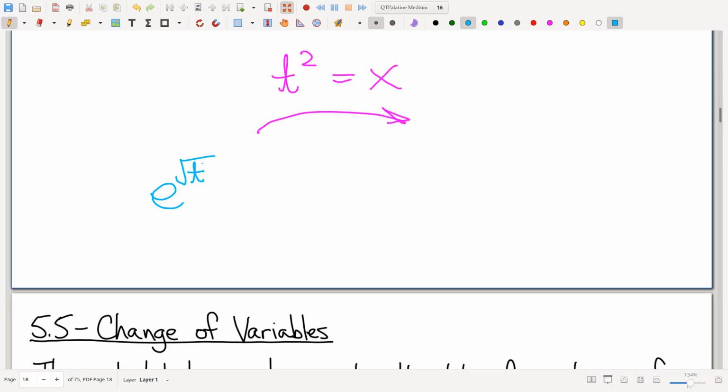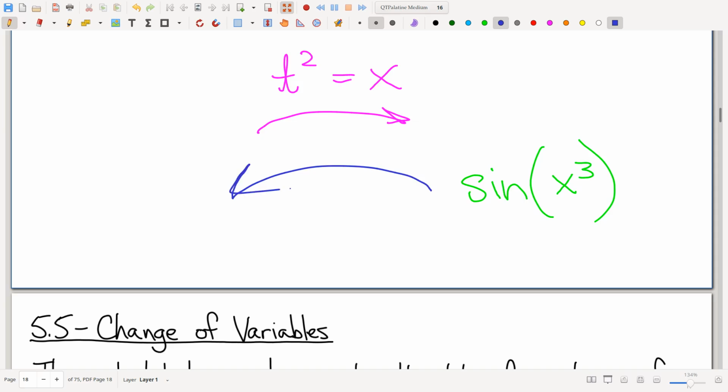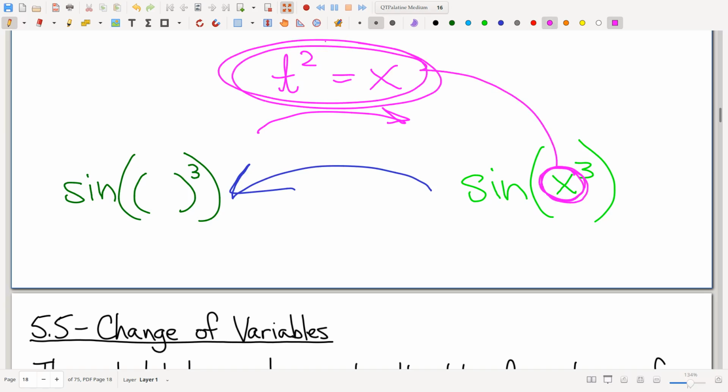But I can take this expression, let's say, sine of x cubed, and this I can pull back. Anything that's written in terms of x, I can pull back, because all I've got to do is recopy it, and anywhere I see an x, I plug in this function that tells me what x is.